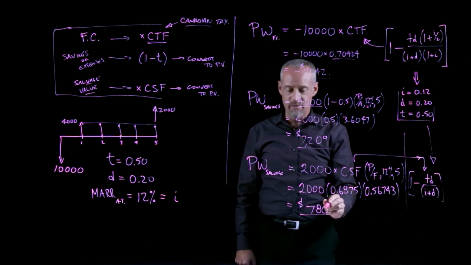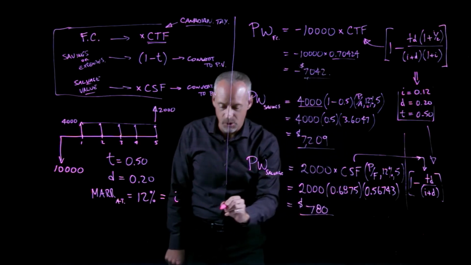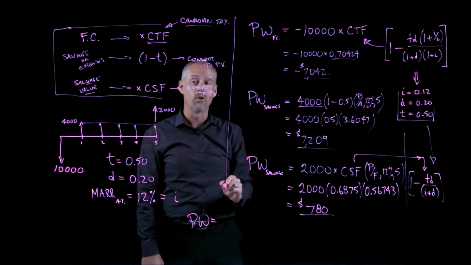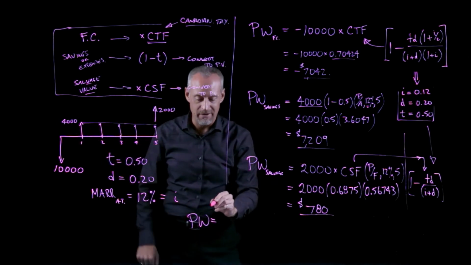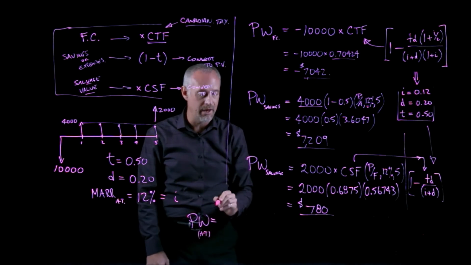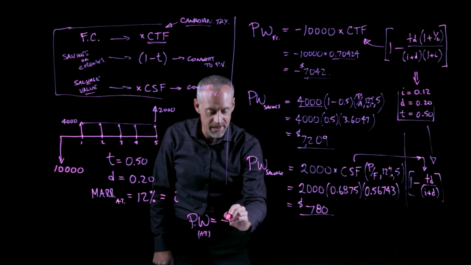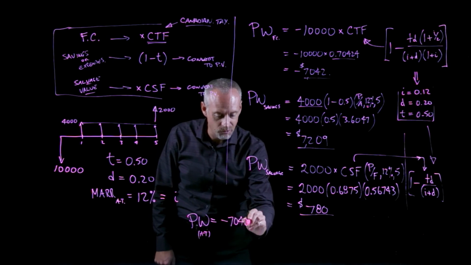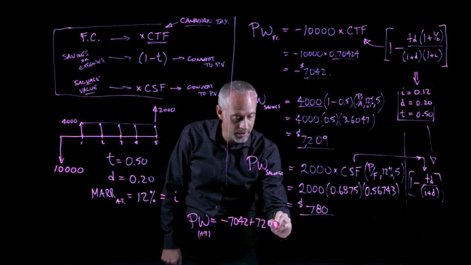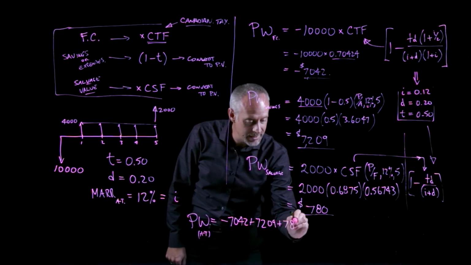So now all that remains is for us to find the total. So the present worth for this cash flow after tax, our present worth will be the negative 7042 plus 7209 plus 780.